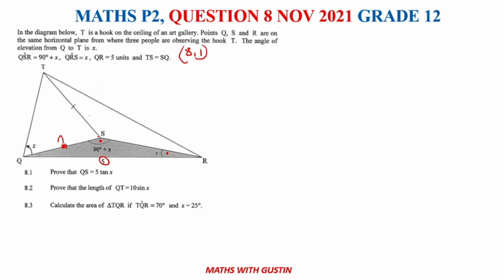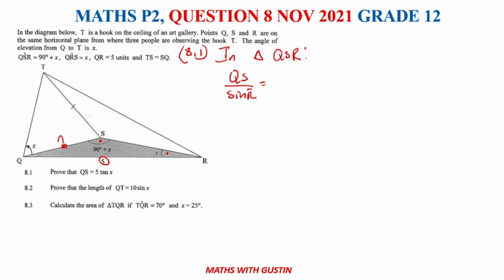All right, so let's see what we have. They are looking for that. We have two angles given and also one side. So according to the sine and cosine rule, we can use the sine rule. So we can say, in triangle QSR, what do we have? We have QS, which is what we are looking for, over sine R, is equal to, where's the situation?